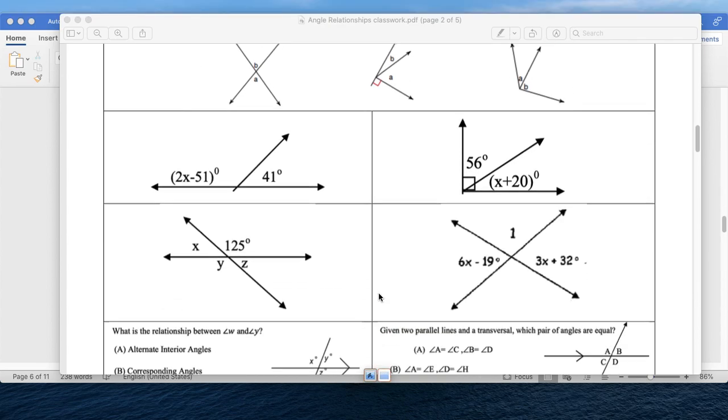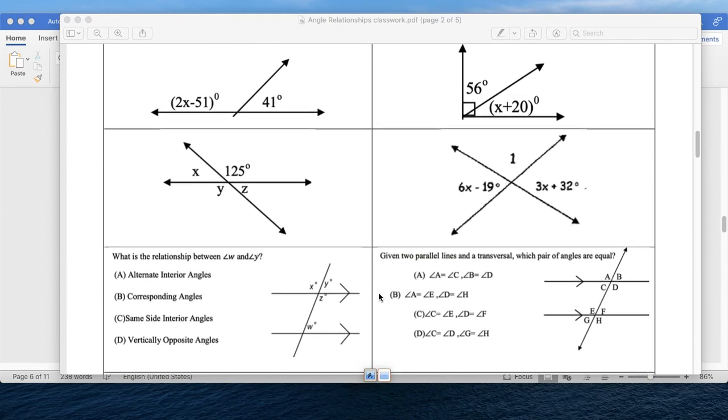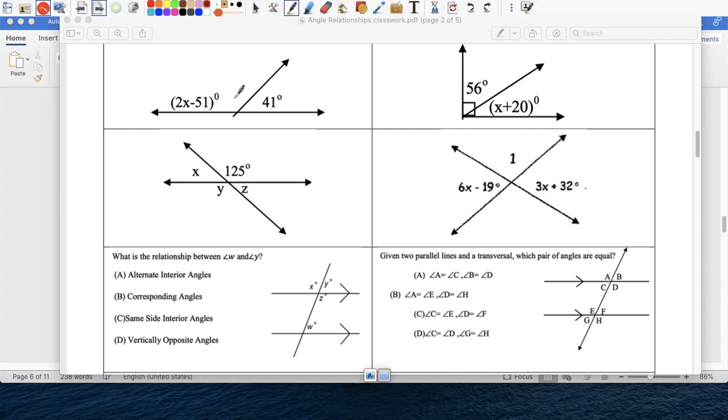Okay, so why is knowing the relationship useful? Knowing the relationship between two angles, I can set up my equations. Knowing that these two angles are supplementary, I know that 2x minus 51 plus 41 equals 180. 2x minus 10 equals 180, plus 10, plus 10, 2x equals 190, divide by 2, x equals 95.